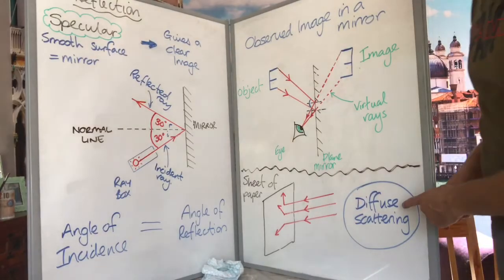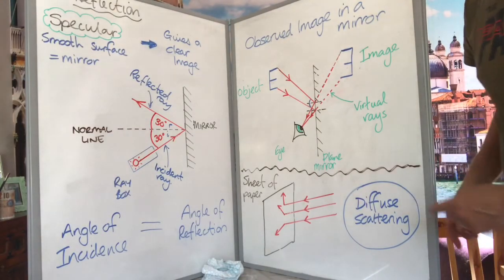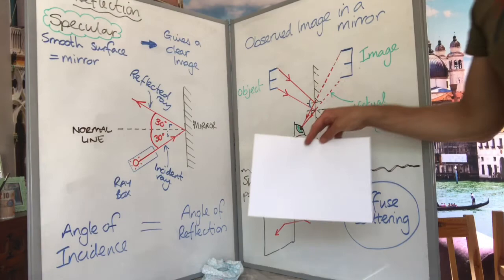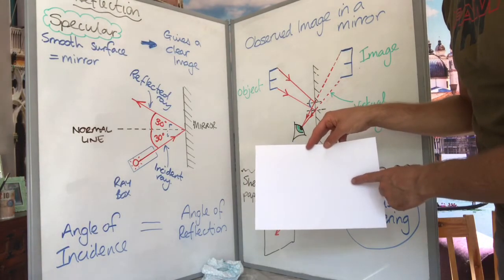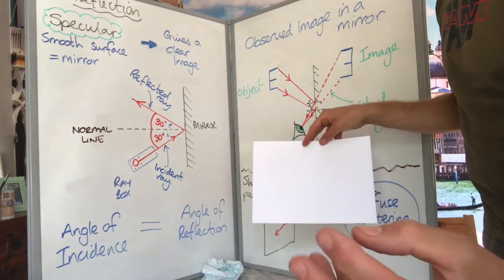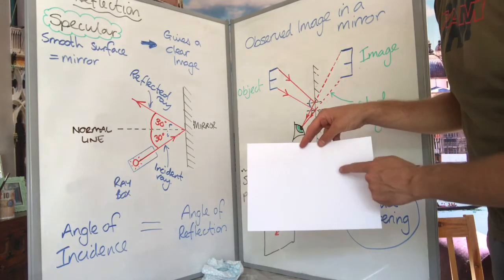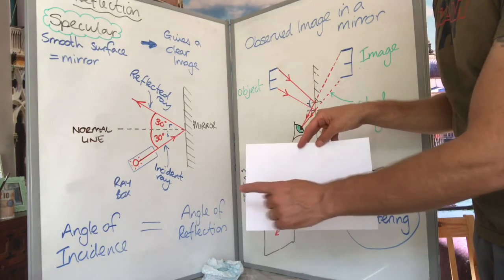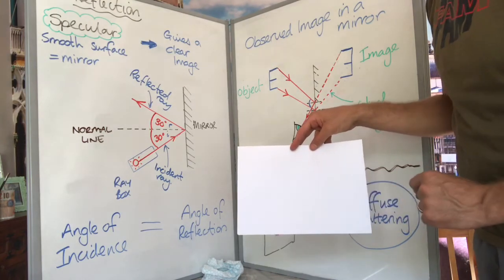We want to look at diffuse scattering. So if you take a piece of paper, we can see this piece of paper here has rays of light shining on it. However, these don't reflect off all in the same direction to produce a clear image.